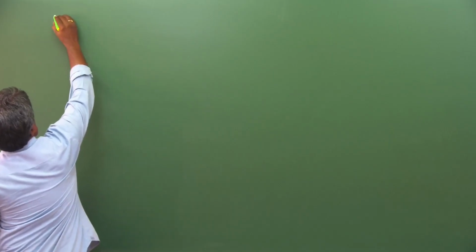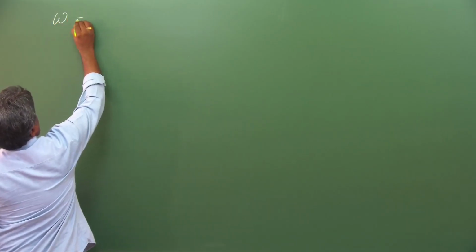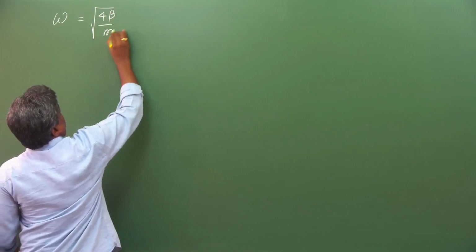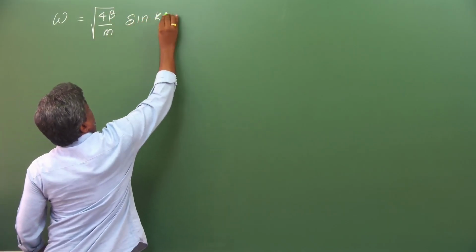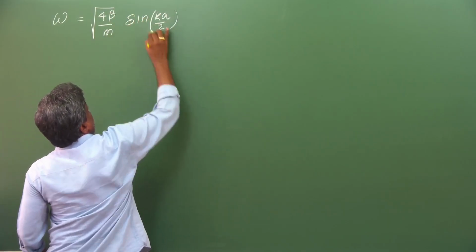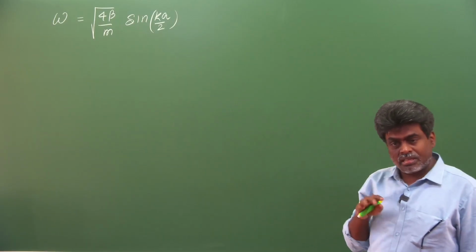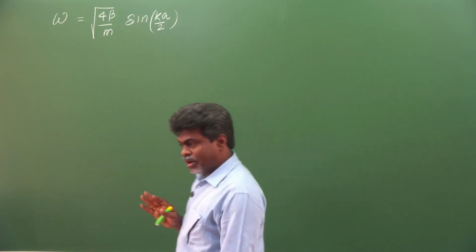Are you ready? In the last class, we have already derived the dispersion relation: omega equals under root 4 beta by m sine Ka by 2. This was a December 2013 CSIR question: which of the following is the dispersion relation for the 1D monoatomic lattice?